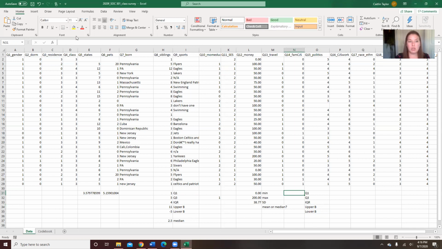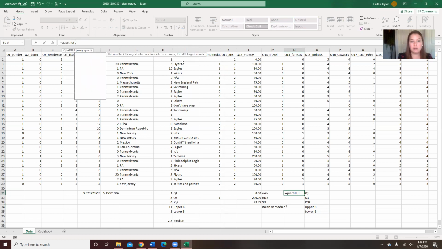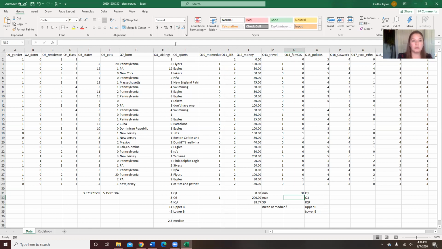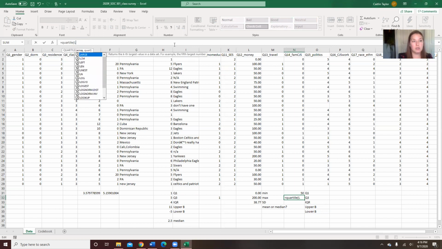To calculate our Q1 is quartile, L2 to L29, comma 1. Our Q3 is equals quartile, L2 to L29, comma 3.